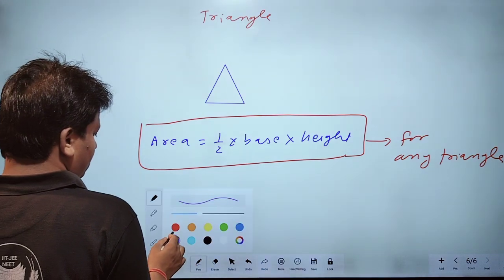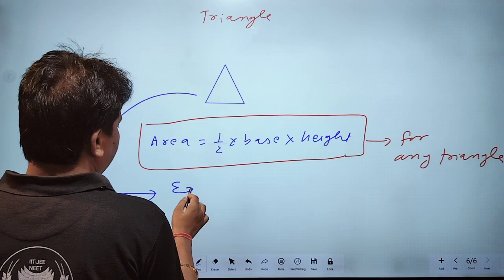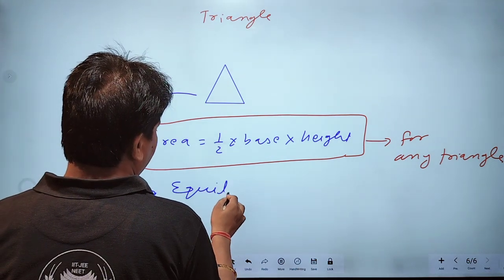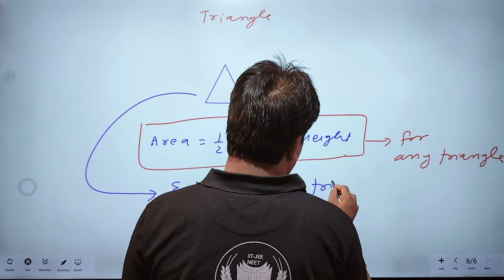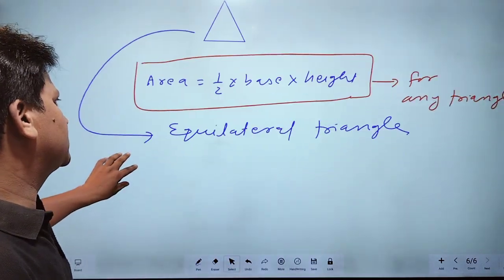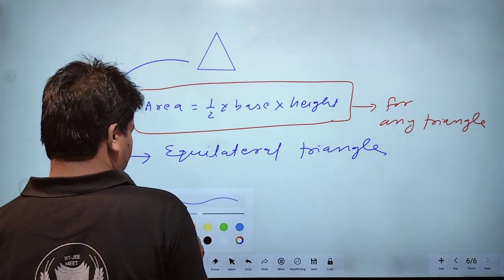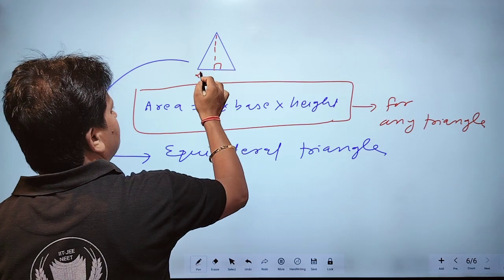But if it is an equilateral triangle, then its area will be, which is perpendicular and which is base?